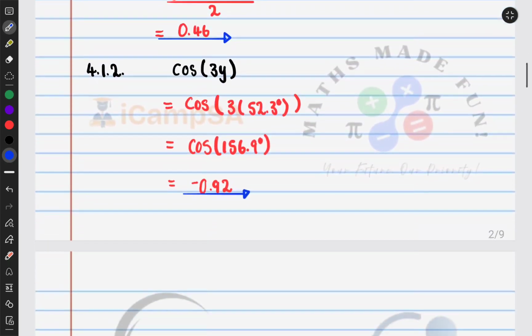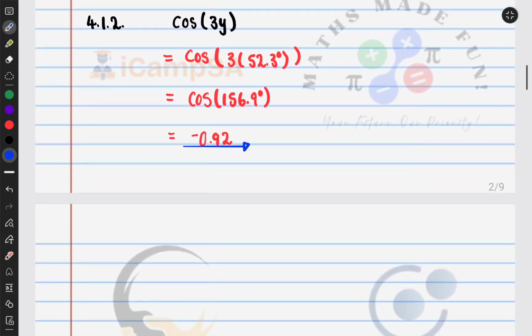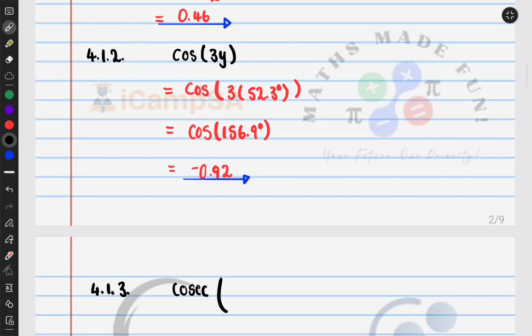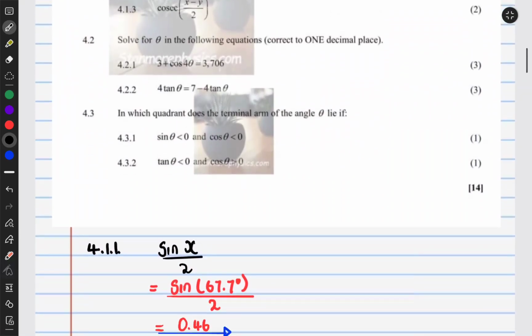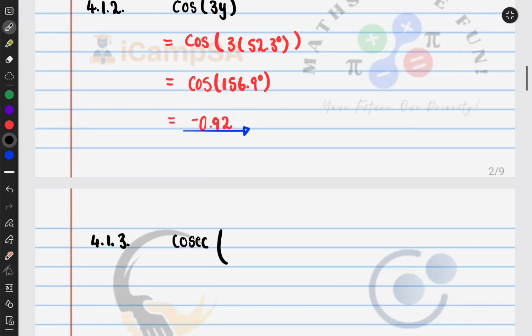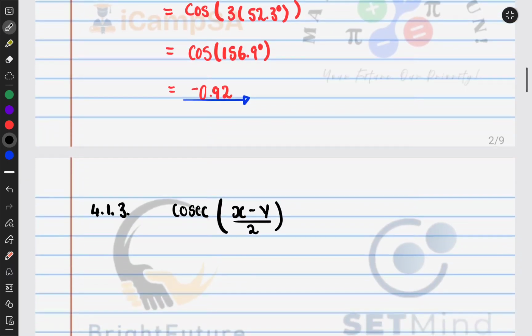Okay, and then next we have to calculate cosec of x minus y over 2. So we're dealing with reciprocals. This is 4.1.3. We're calculating cosec of x minus y over 2. Remember your reciprocals. Cosec is the reciprocal of sine.